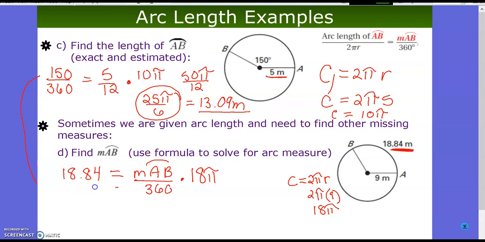From here, you have to do some algebra to figure out what you've got here. I'm going to kind of treat this like it's a proportion. I'm going to take 18 pi and multiply it by my arc measure. And then I'd multiply my 360 times my 18.84 to solve.